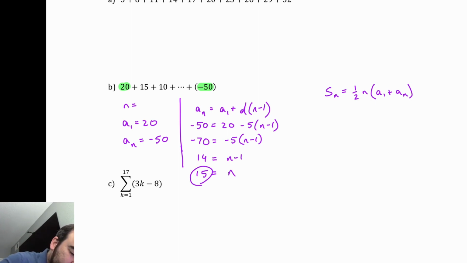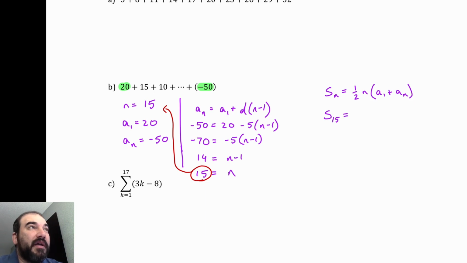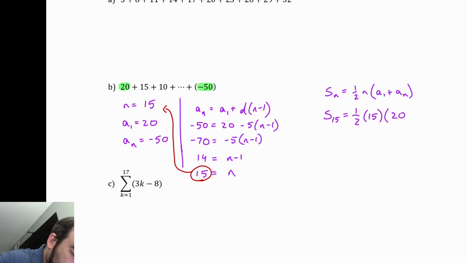So we can take that and put it here because we know what n is. And now we can take all of these and plug them into our sum formula, and now we know that there are 15 terms, so we're going to do the sum of the 15 terms equals 1/2 times 15 times the first term, which is 20, plus the last term, which is -50, and then we can evaluate this.